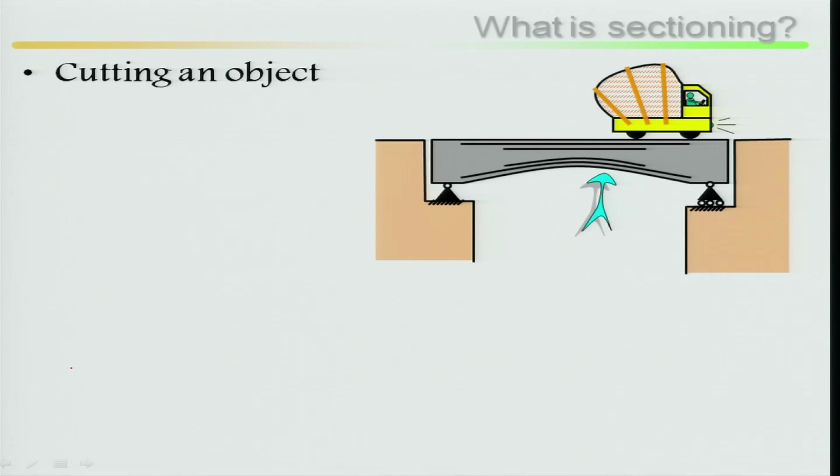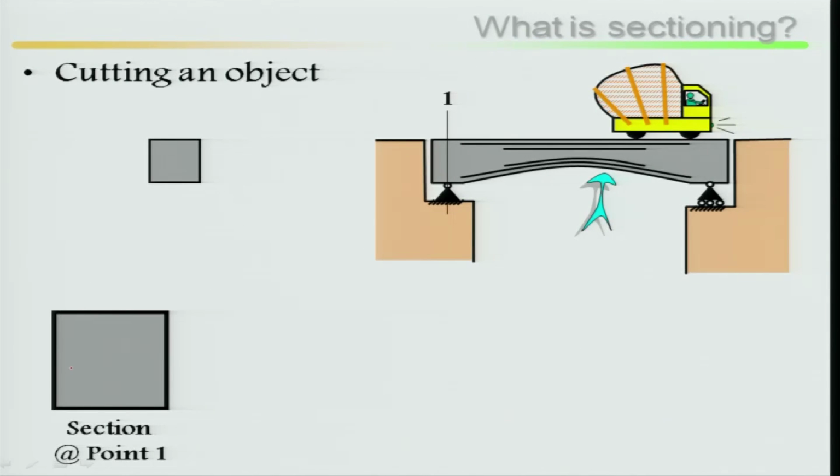If I cut it, look here, section 1. How does it look at this section 1? Section 1 is a simple rectangle or square. Come to section 2, at point 2, I got it, look at it.